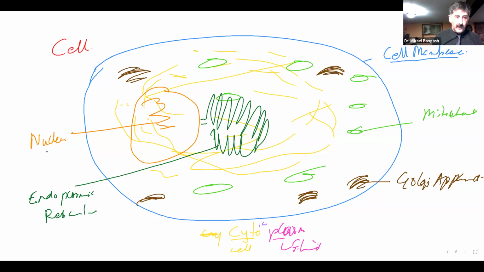Now we're going to have two types of endoplasmic reticulum. One is going to be smooth. And one is going to be rough.